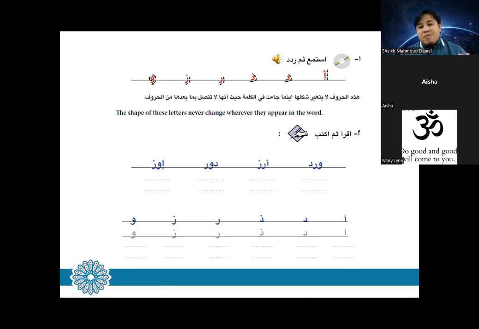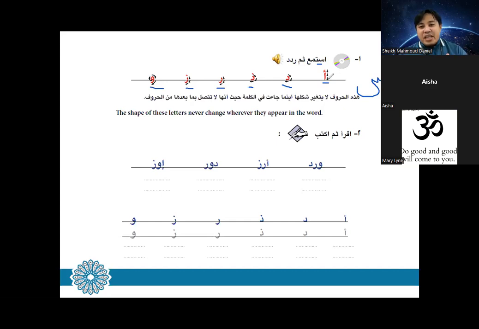The independent form of the sin is written with a tail down like this, right? So now the sin is different. So these letters: alif, a; dal, da; dal, da; ra, ra; za, za; waw, wa. These letters will never change.